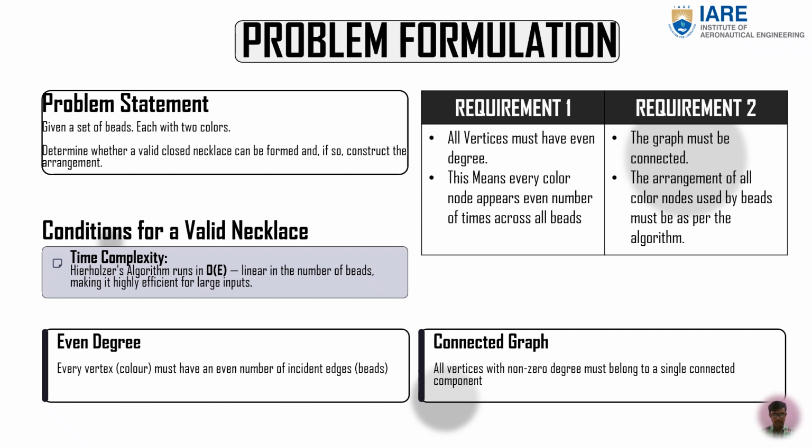Hierholzer's algorithm runs in O(E), linear in the number of beads, making it highly efficient for large inputs. Each and every vertex must have an even degree, and the entire graph must be connected. It's a necklace, of course. All the beads must be connected, as we all know. Hence, this is the problem formulation.